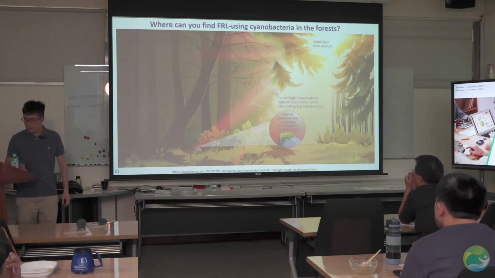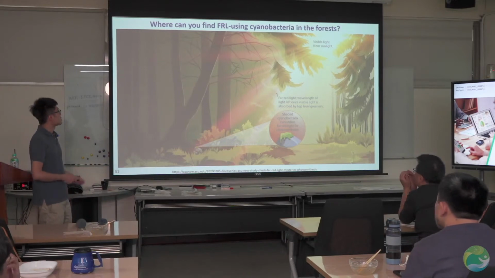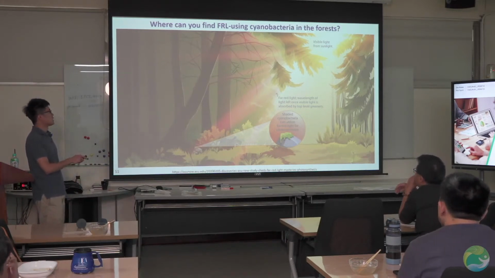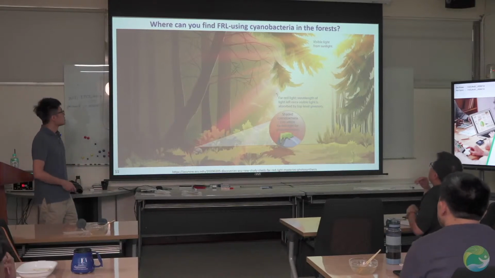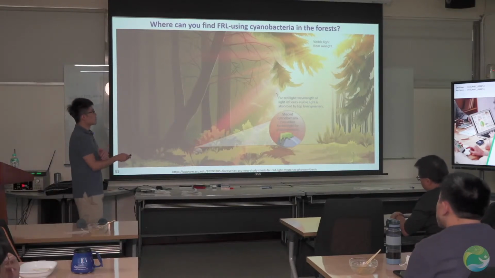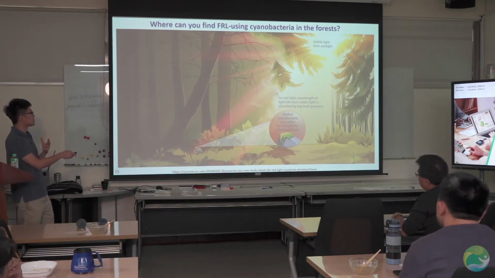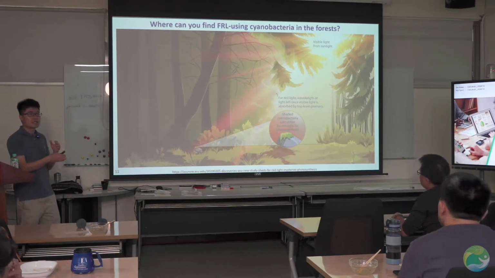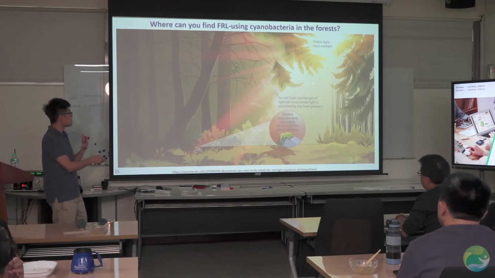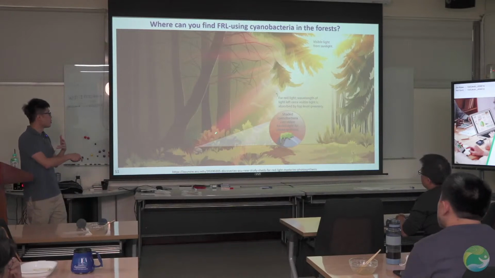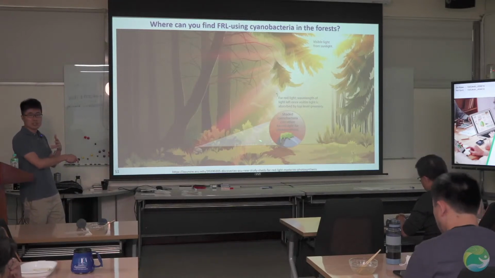And this is my favorite picture, showing where you can find far-red light-using cyanobacteria in the forest. You can see the full spectrum of light coming from the sun. Then the plant leaves filter the visible light, and only the far-red light can penetrate well under the canopy.